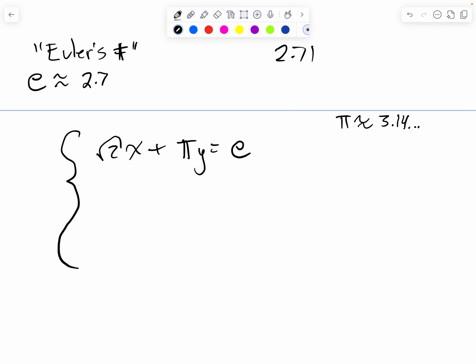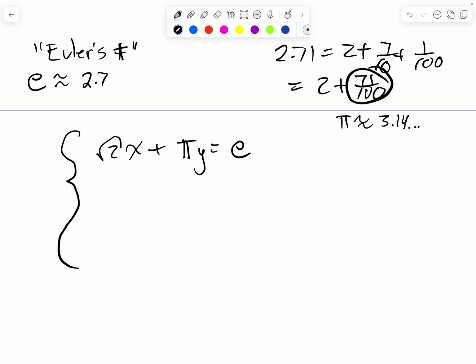So 2.71, whatever it was, is the same as 2 plus 7/10 plus 1/100, or 271/100. See that fraction? This is not a rational number. It cannot be expressed as a fraction, therefore it cannot be expressed as a decimal, and that's why it has its own name, E, just like pi.